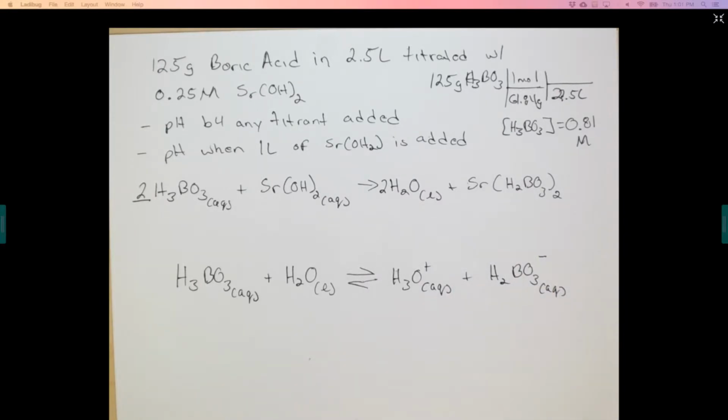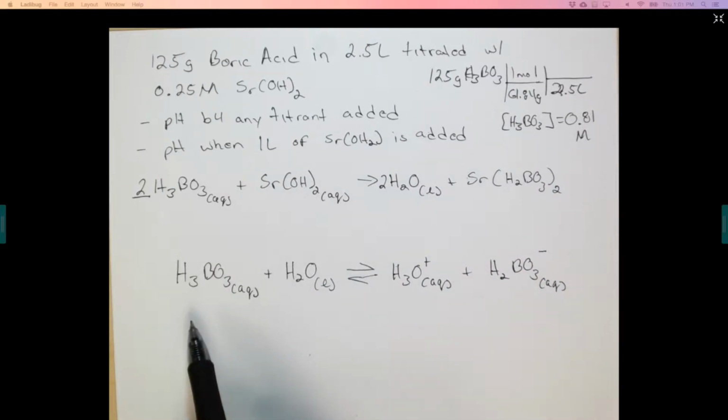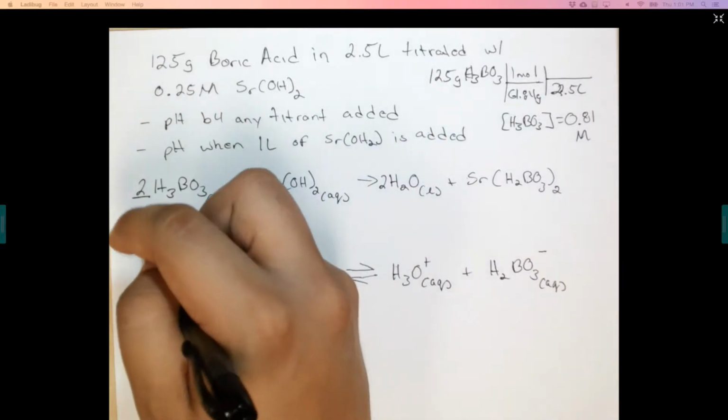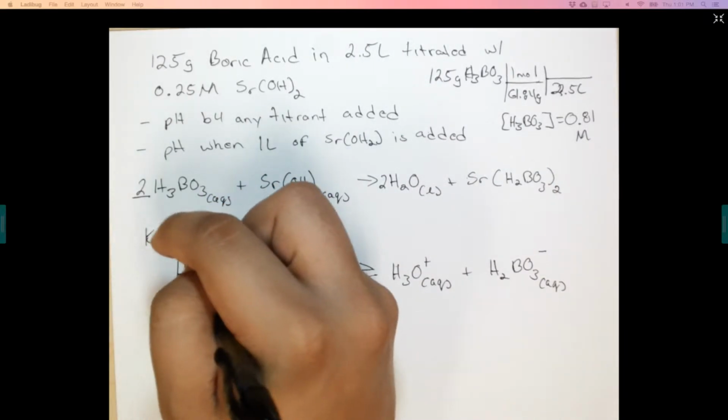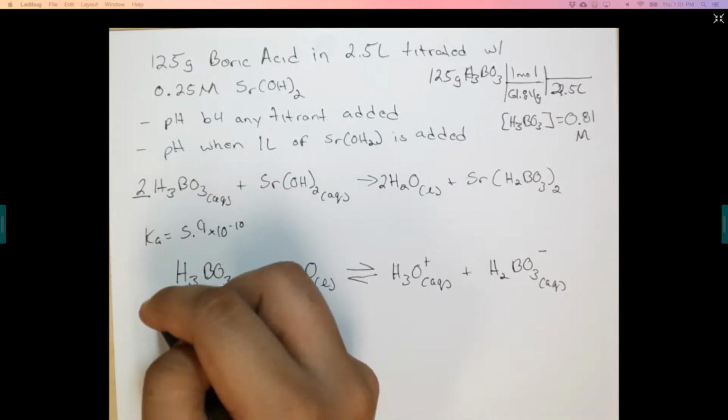And this is 1-to-1, right? Now that we know the concentration and we know the Ka value, Ka is equal to 5.9 times 10 to the negative 10, we can then use ICE.